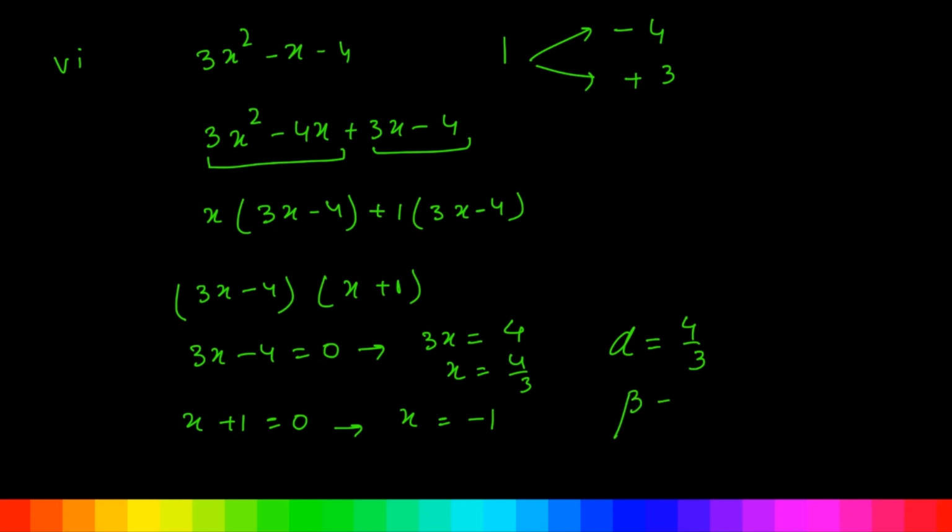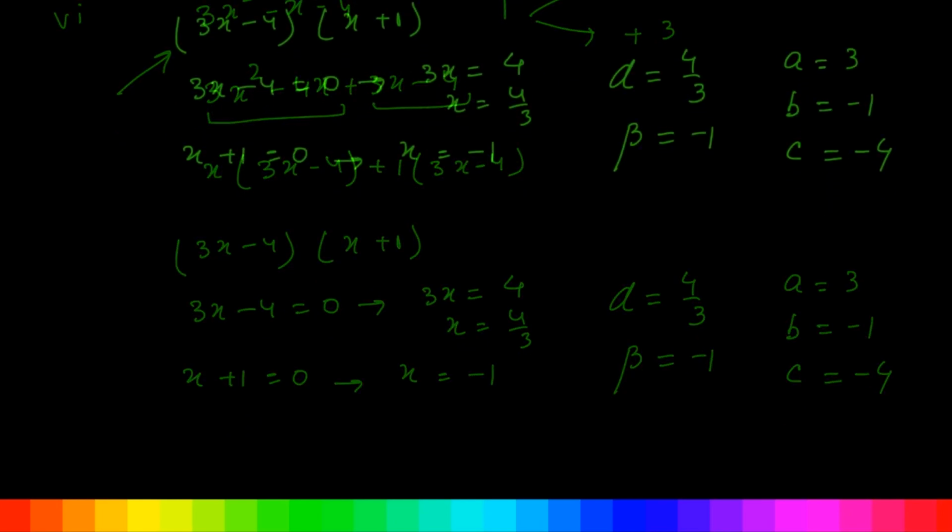So the second zero, that is beta, is equal to minus 1. Here we have a, being the coefficient of x square, is equal to 3, b, being the coefficient of x, is equal to minus 1, and the constant term c is equal to minus 4.